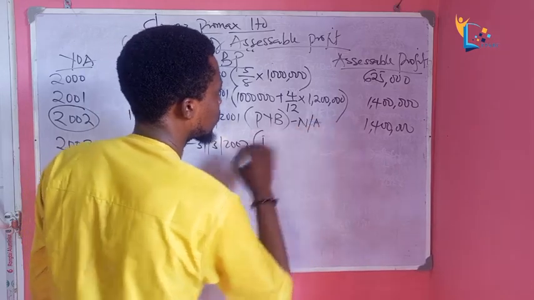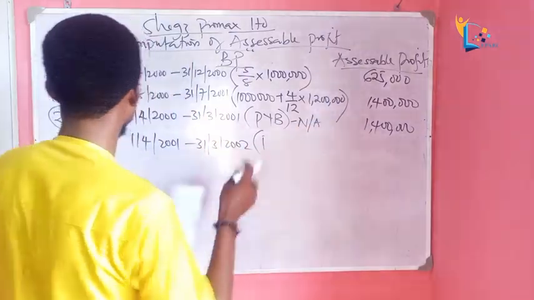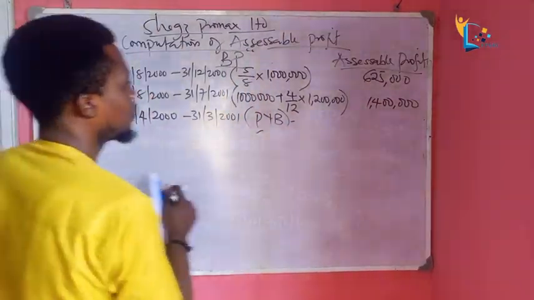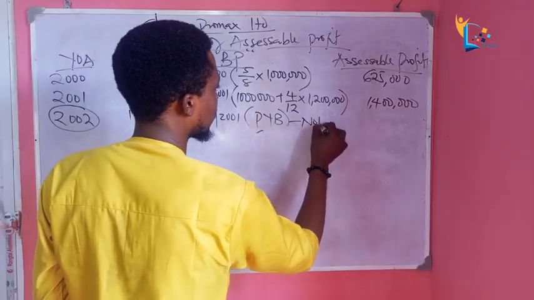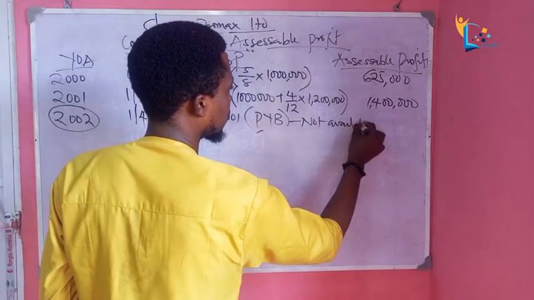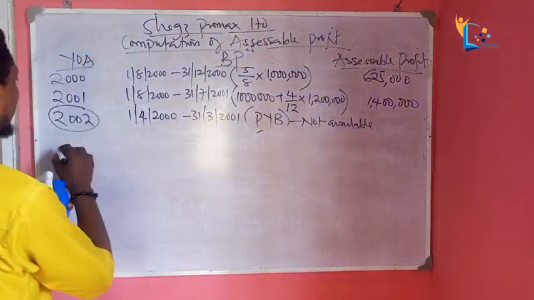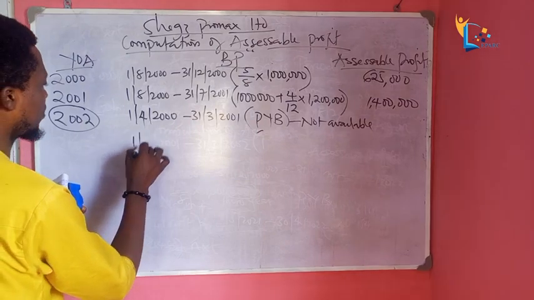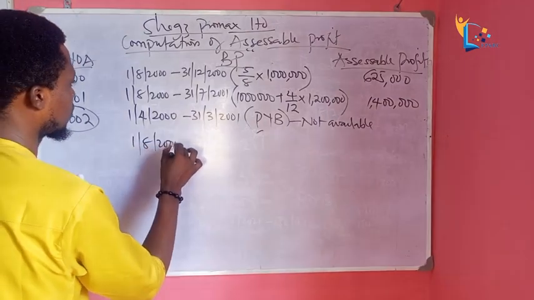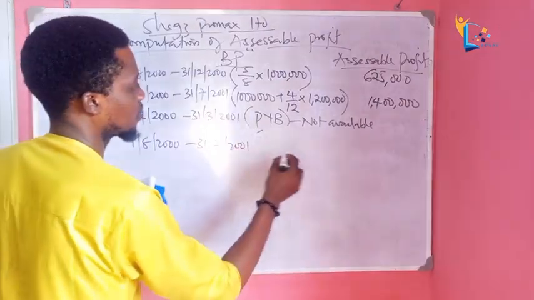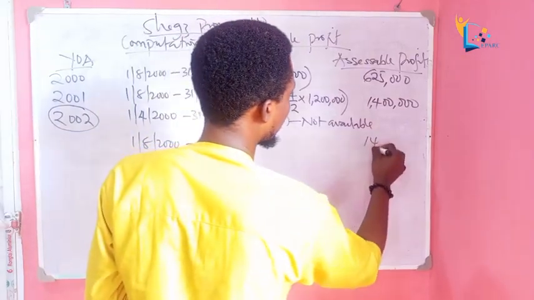Okay, let me make it this way so that you understand it. Preceding year basis not available. So you simply repeat 1 August 2000 to 31st July 2001, 1,400,000.